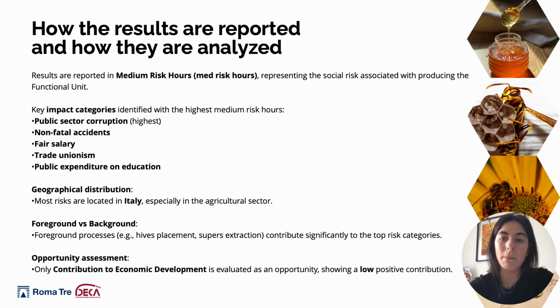The most impactful processes were the hive placement, super storage, and decanting. In terms of opportunity, only contribution to economic development is evaluated as an opportunity, showing a low positive contribution.